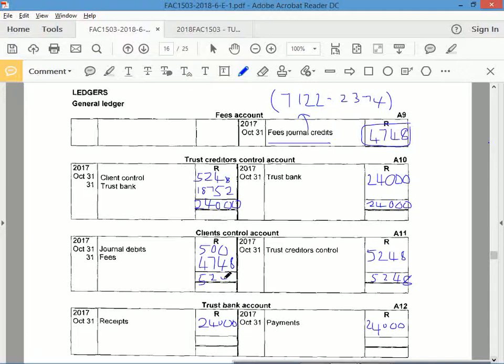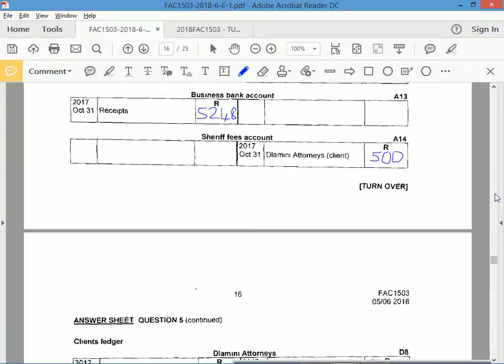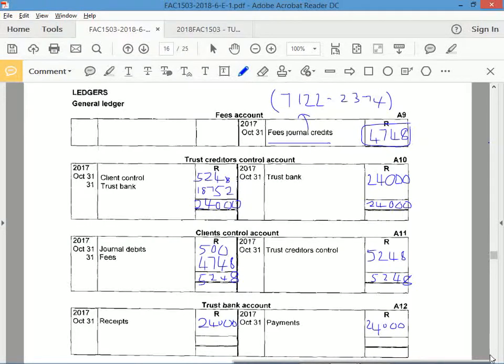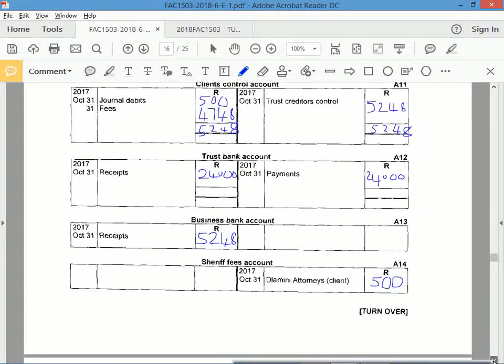That one was 24 and 24. That's the same total as above. This one was 5248, that one was 500, that was it.